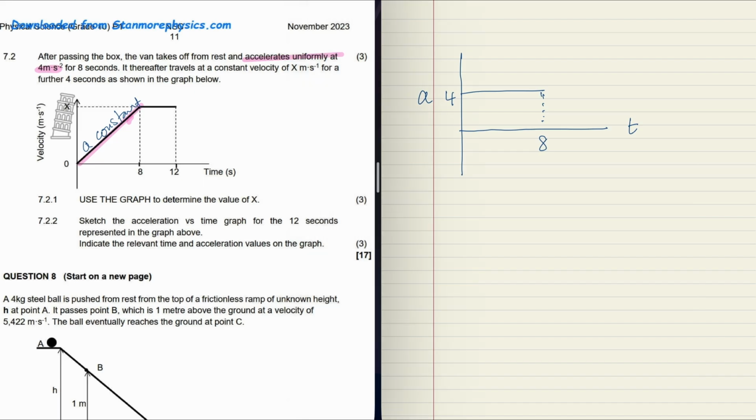And then in this section, there is no gradient. The gradient is 0. So that means the acceleration is going to be 0 for those seconds between 8 to 12. And that's the acceleration time graph. Acceleration time graphs in grade 10, 11, and 12 are simply horizontal lines.